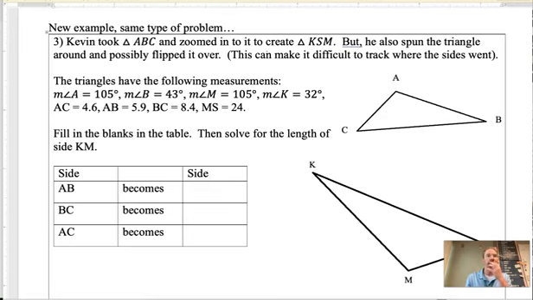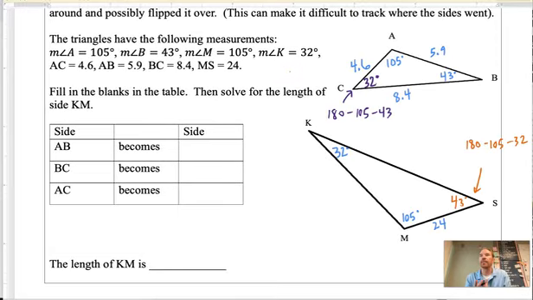We have measurements for the triangle, and then we're going to fill in the blanks. I realize we got the little image of me in the bottom right corner, so let me scroll up here in a moment. But see what you can do. Fill in the dimensions. See if you can fill in the table here, and then see if you can solve for the length of side KM.